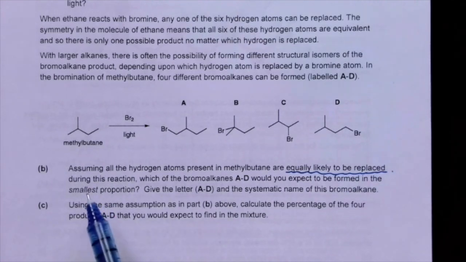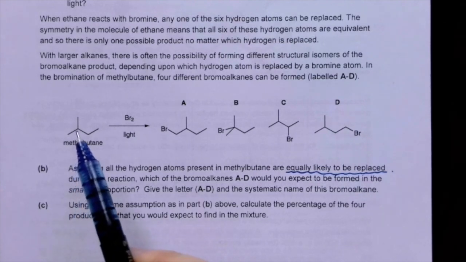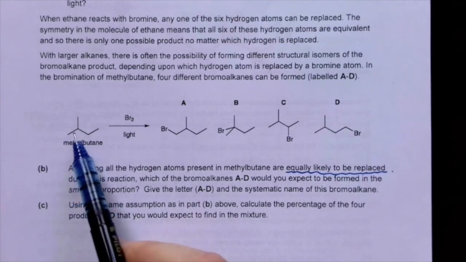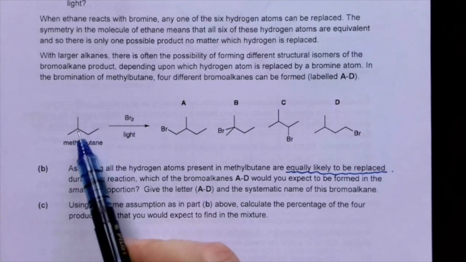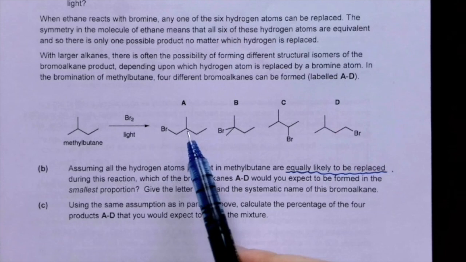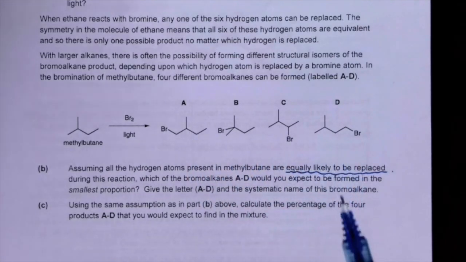First of all, you just need to decide how many different kinds of hydrogen atom there are, and assuming that each one can be replaced equally likely, which of these 4 is going to come out in the smallest proportion.